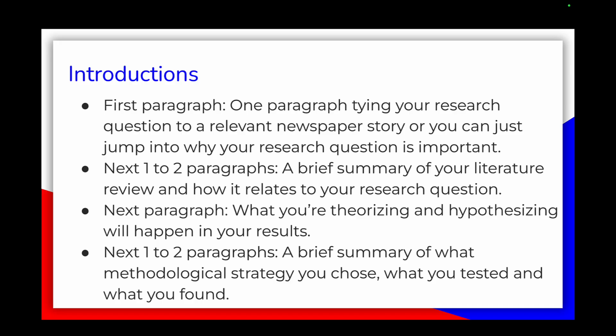Did you choose correlational analyses? Did you use a t-test? Did you use correlation? Did you use process tracing? And then you describe what you found. Did you find support for your hypothesis? Did you not find support for your hypothesis? Did you find mixed support for your hypothesis? And all in all, this is somewhere between 4 to 6 paragraphs, right? Or approximately 2.5 pages, somewhere in there.